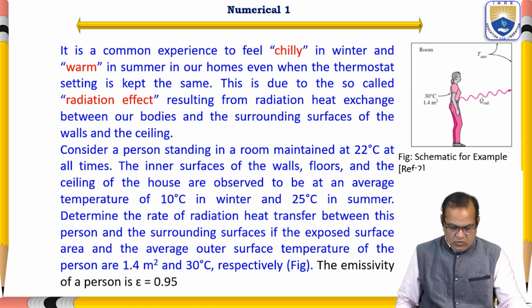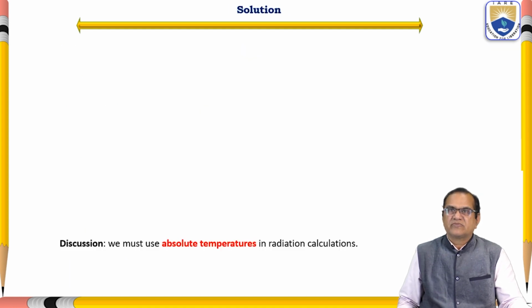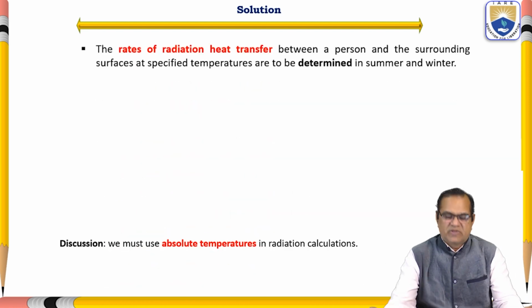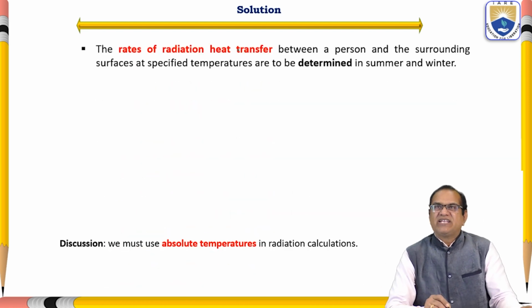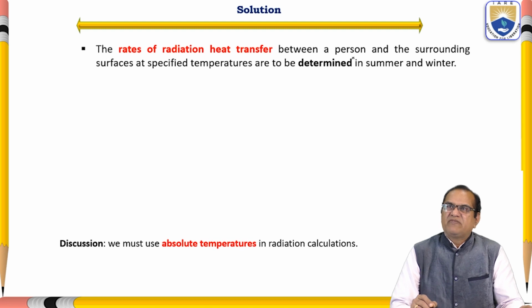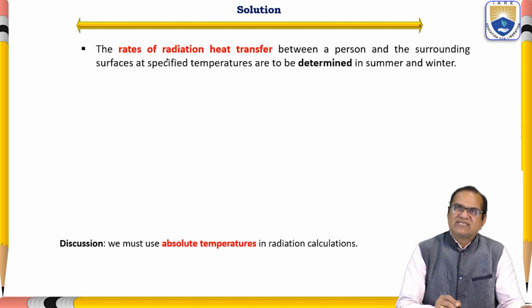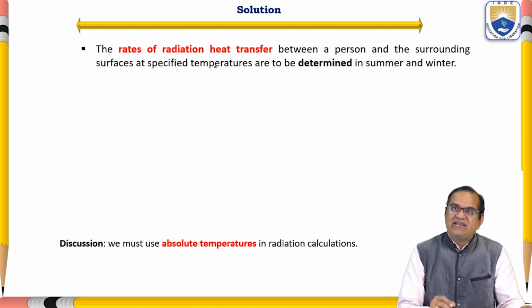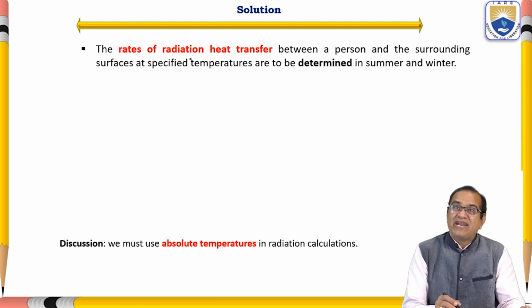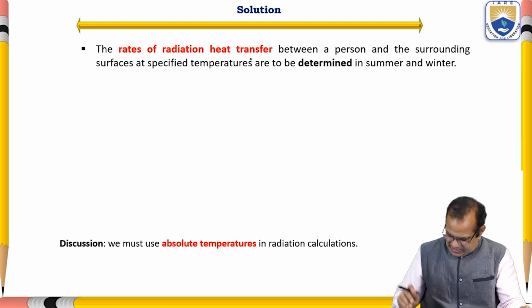So now we have to find out the rate of radiation between the person and the surroundings. The rate of radiation heat transfer between a person and the surrounding surfaces at specified temperatures is to be determined in summer and winter. So we have to determine the rate of radiation in the summer and the winter.